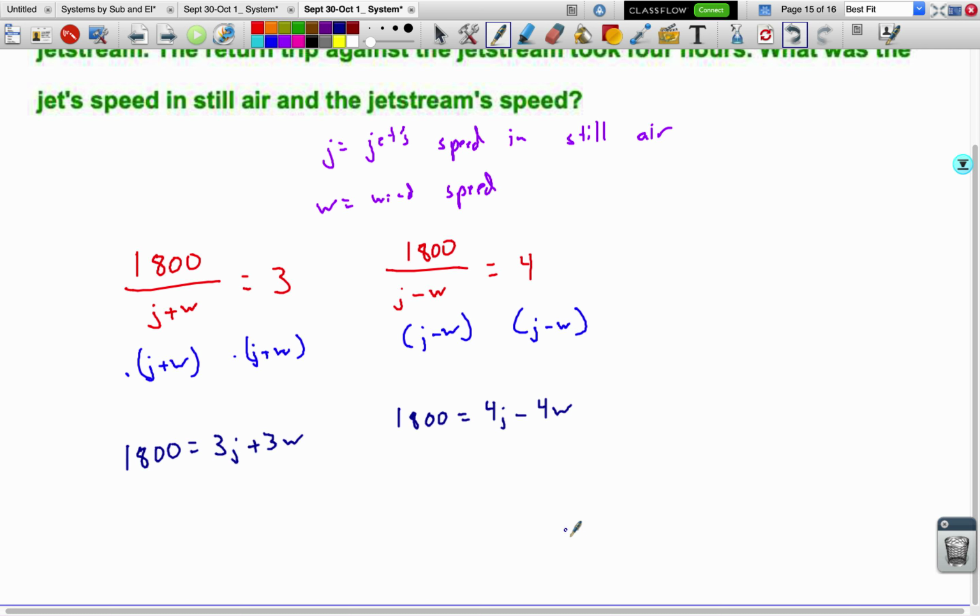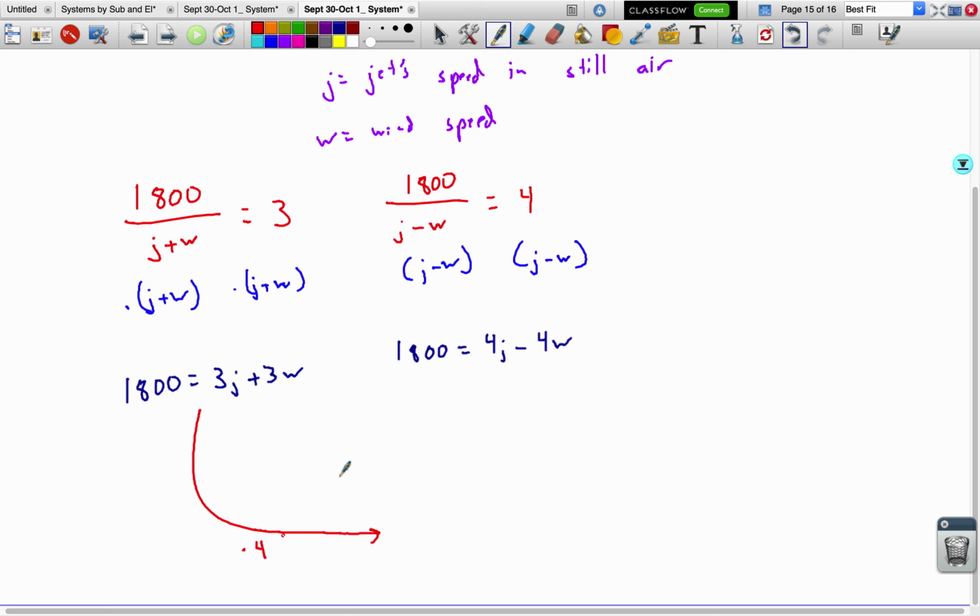Okay, now at this point, I think we can get a zero pair, but we're going to have to multiply both equations. I'm going to multiply the left equation by 4, and the right equation will multiply by 3. So I'm multiplying them by the opposite coefficient. I'm actually focusing on W because I've got a negative there. It's going to help me make that zero pair.